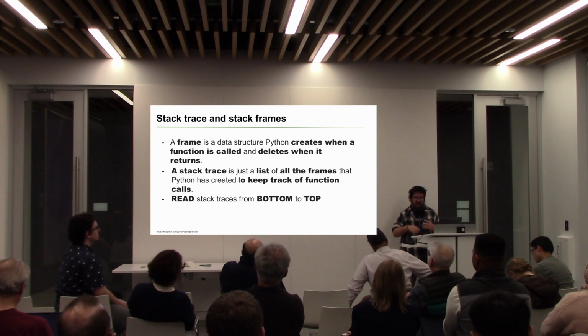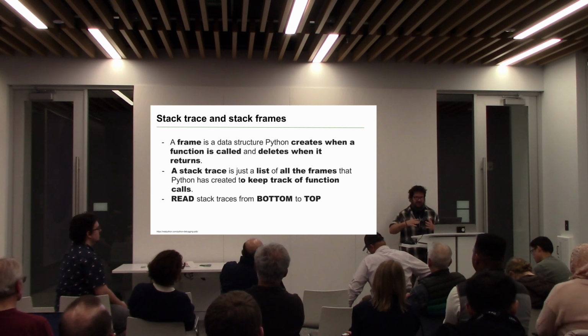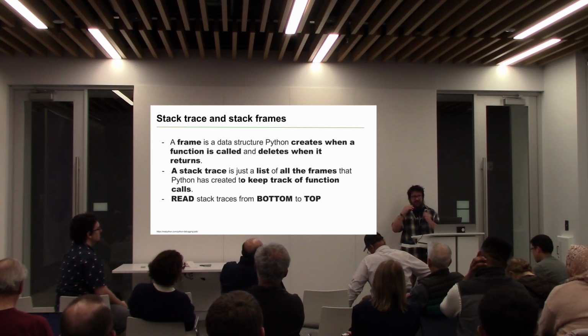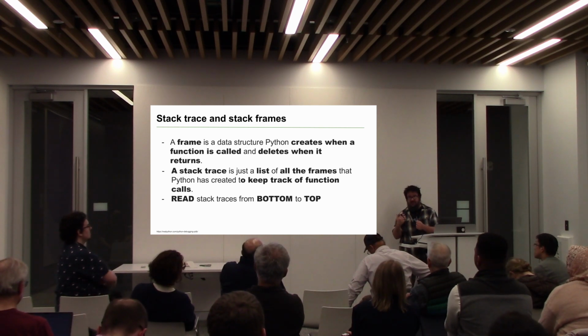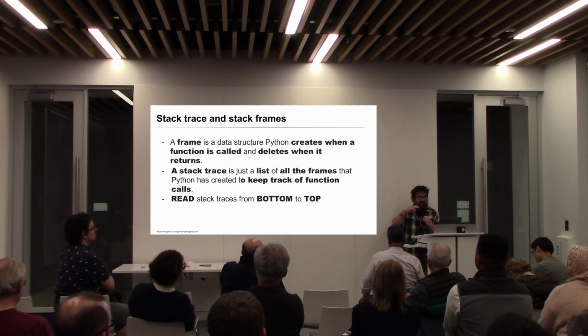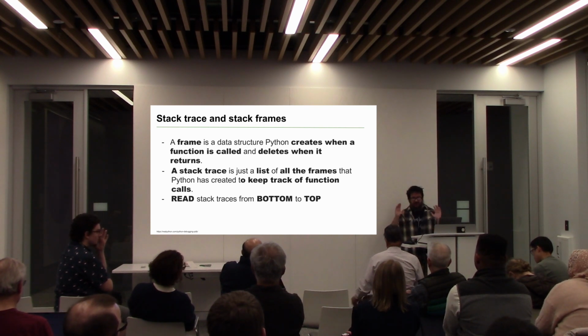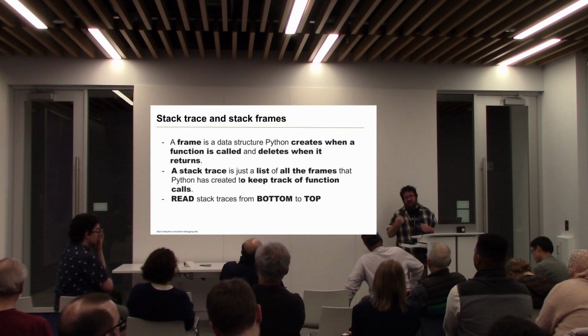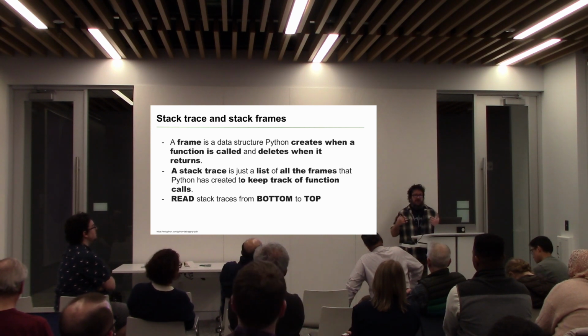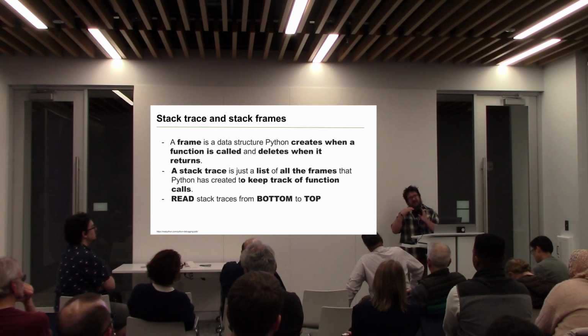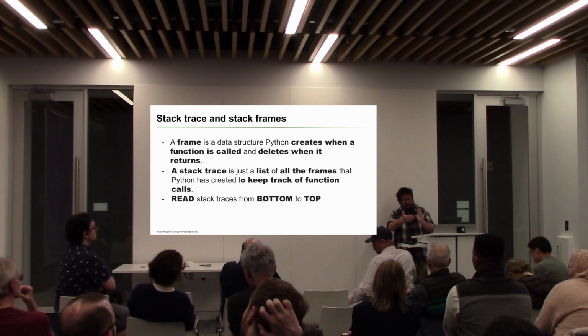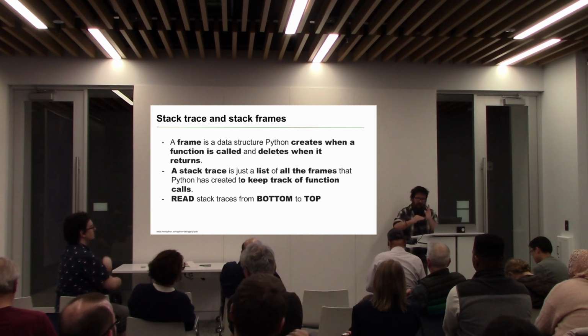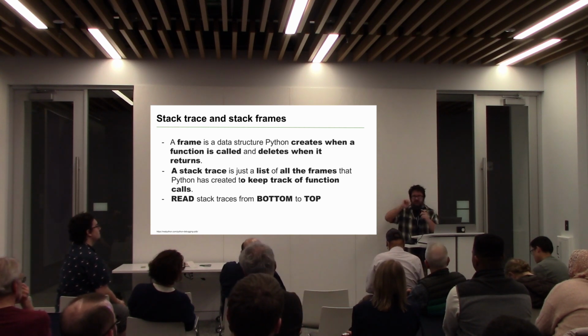A stack trace is another data structure, an ordered list of stack frames, one on top of the other. The most important thing is you always remember to read the stack frames from bottom to top. That means when you have that on your screen, remember, from bottom to top. Don't do it the other way.